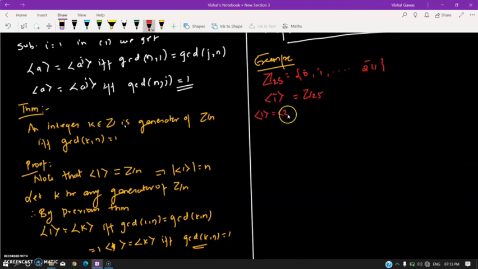That's 2, all odd numbers, 3, 6 also, 6 doesn't have anything common with 25. Then you can just look at 7, 8, 9, and so forth. All will have order 25. That can be checked out.